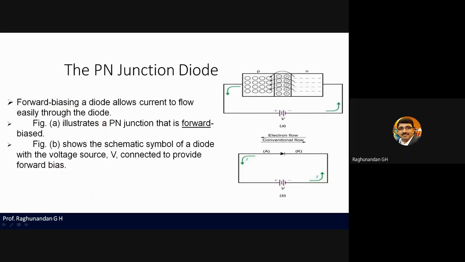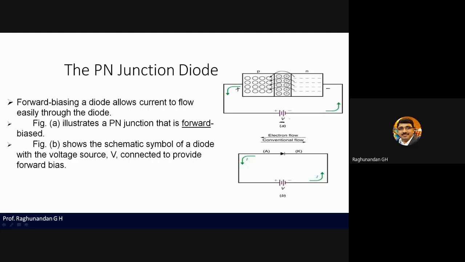First thing is forward bias. Here we have taken the power supply and connected the positive to the positive and negative to the negative. As soon as you connect it, it will not start conducting.